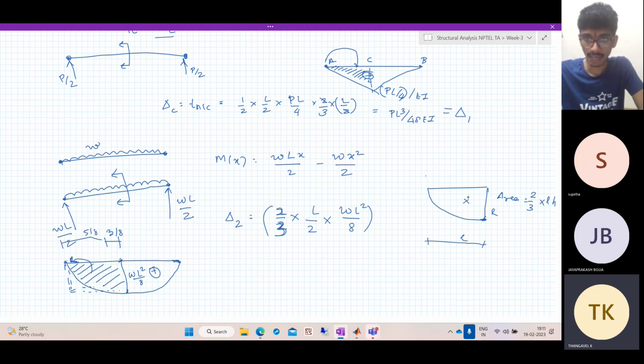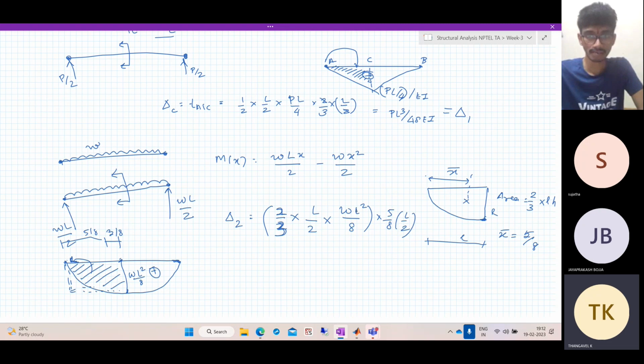And the centroid lies at a distance x bar, where x bar, as I showed, is 5 by 8. So this into 5 by 8 of L by 2. So this is delta 2.